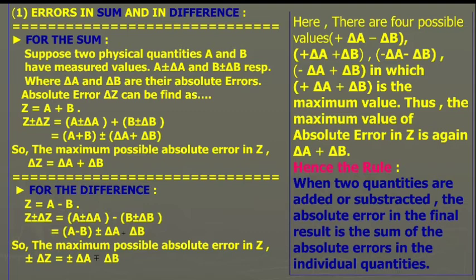Thus, the maximum value of absolute error in Z is again delta A plus delta B. Hence, the rule is: when two quantities are added or subtracted, the absolute error in the final result is the sum of the absolute errors in the individual quantities.